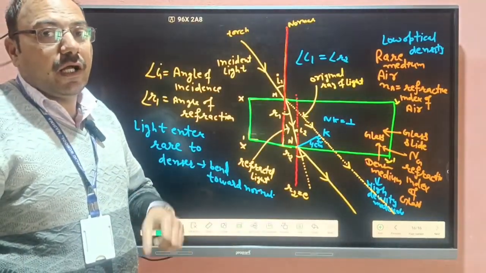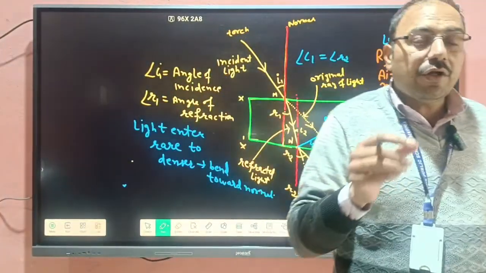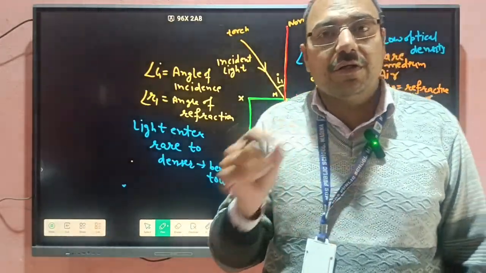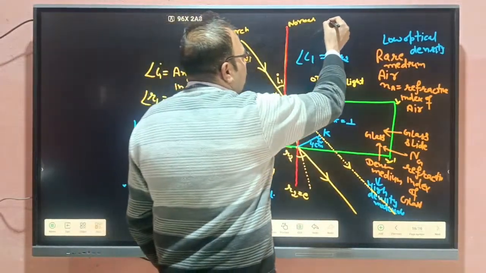And what are the laws of refraction? The first law: the ratio of the sine of the angle of incidence to the sine of the angle of refraction is always constant.